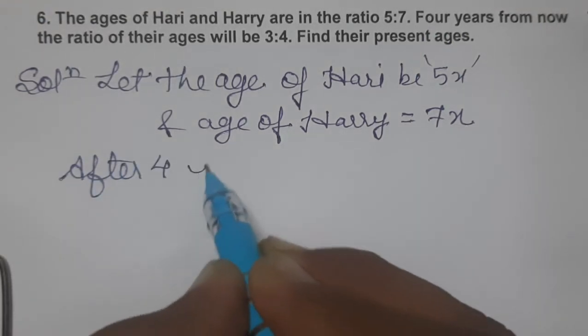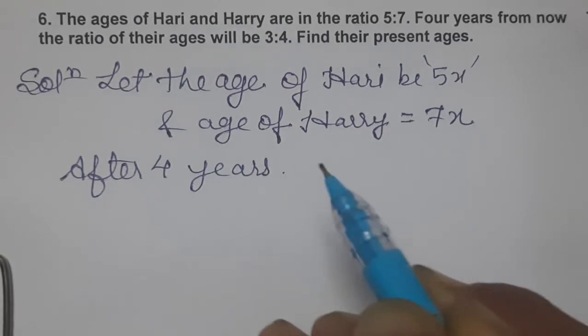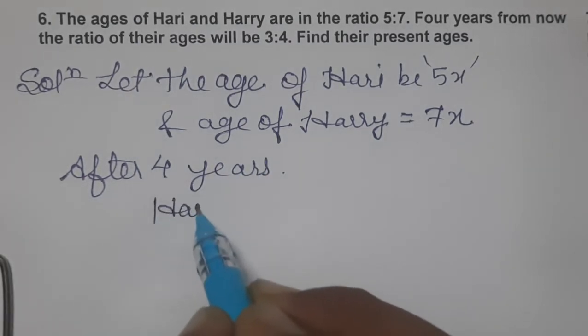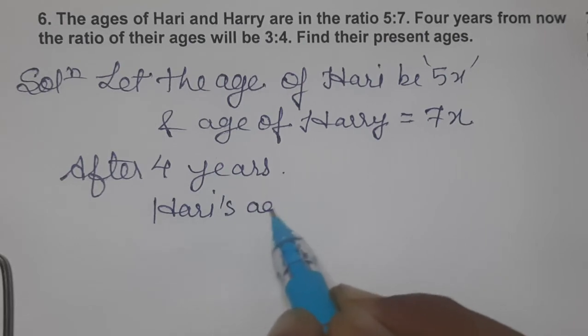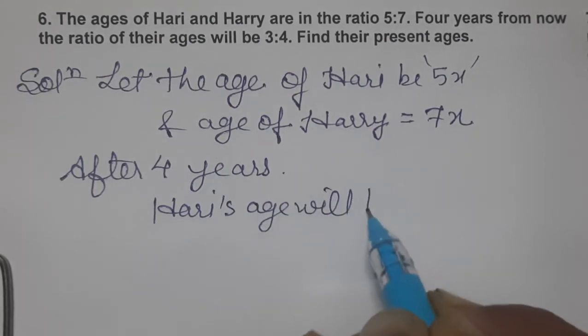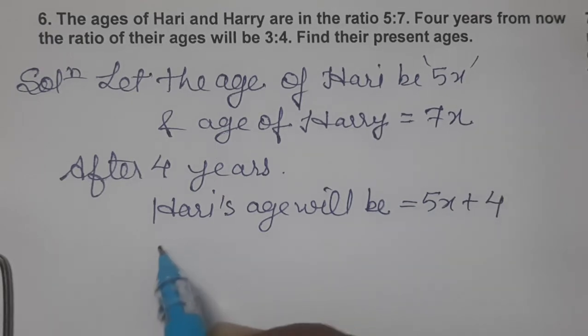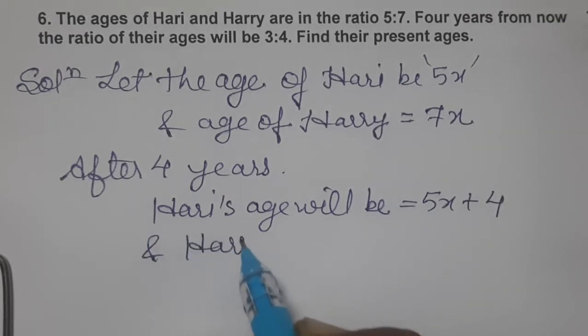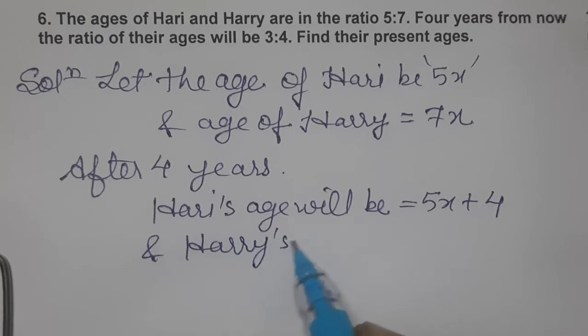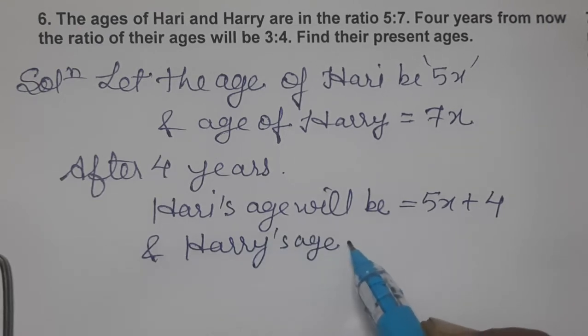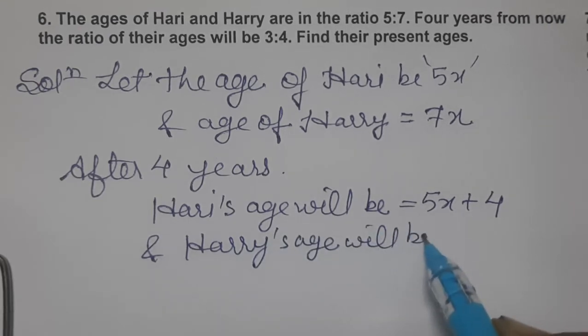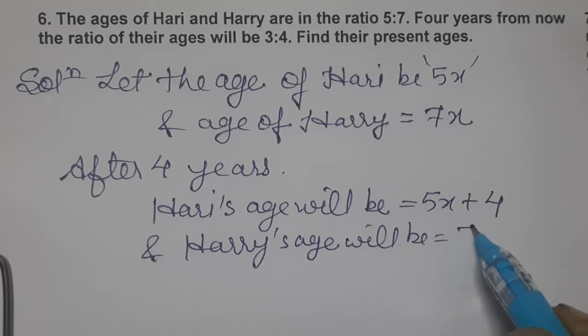After 4 years, Hari's age will be, after 4 years we have to add 4, 5x plus 4, and Harry's age after 4 years is 7x plus 4.